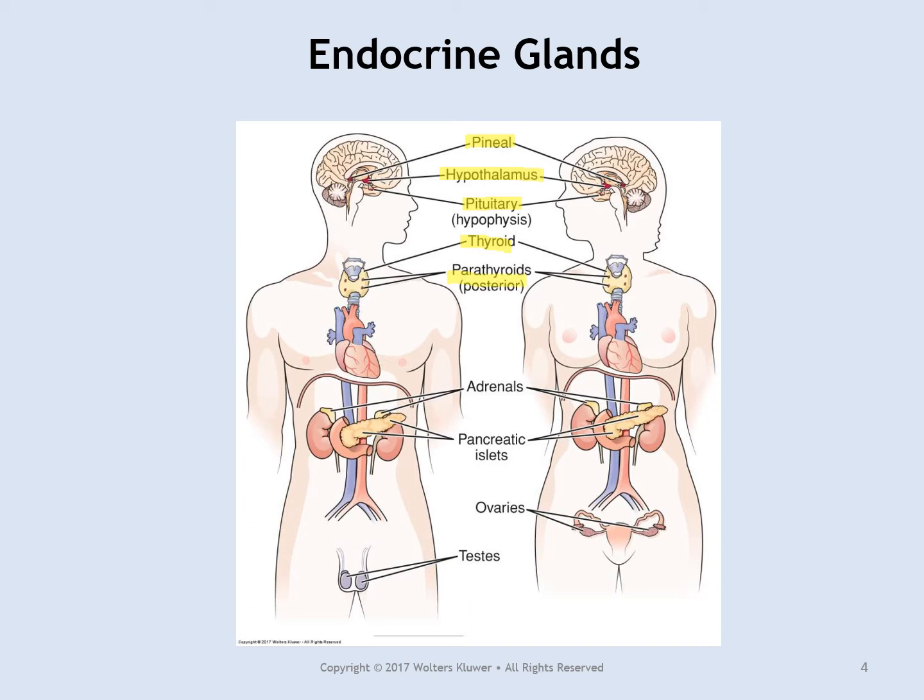It's closely associated with the thyroid gland. And the adrenal gland, which we've seen before, sitting right on top of the kidneys. The pancreatic islets in the pancreas, and that is what we'll see when we're looking at diabetes primarily. And then in women, we have ovaries, which we've taken a look at, and in men, the testes.